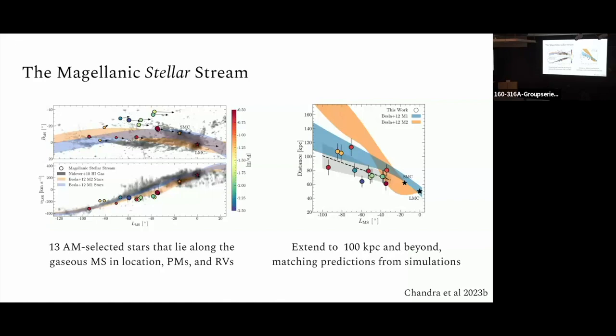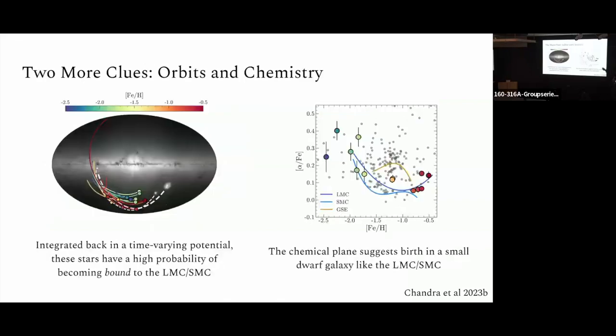And there's something really interesting to be said over there, which is the fact that our stars don't seem to be chemically homogeneous. They actually have kind of a bimodal distribution in chemistry, where some are metal rich and some are metal poor. Some look like they might have come from the LMC. Some look like they might have come from the SMC or even the outskirts of the SMC.